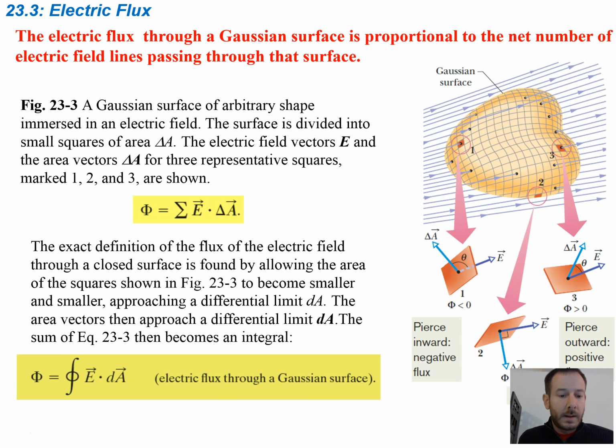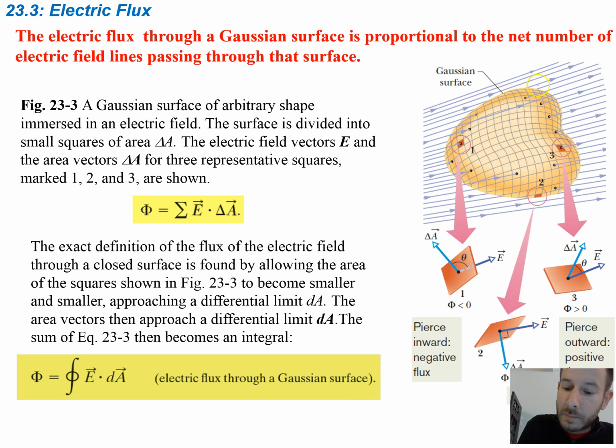Okay, so let's talk a little more about electric flux. The electric flux through a Gaussian surface is proportional to the net number of electric field lines passing through that surface. So the more electric field lines, the higher the flux. In the figure on the right, a Gaussian surface of arbitrary shape is immersed in an electric field.